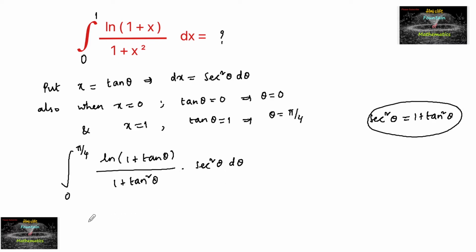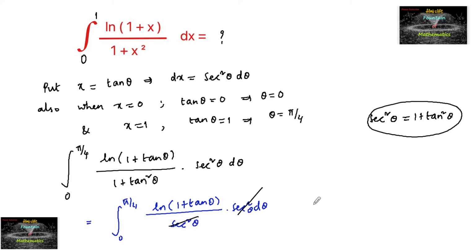So we'll have integral 0 to π/4 of log of (1 + tan θ) upon sec² θ into sec² θ dθ. So we can cancel this sec² θ.